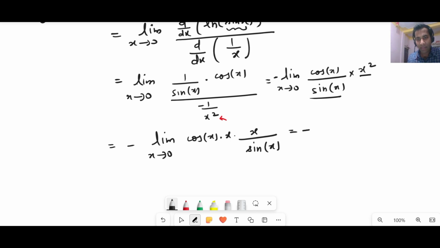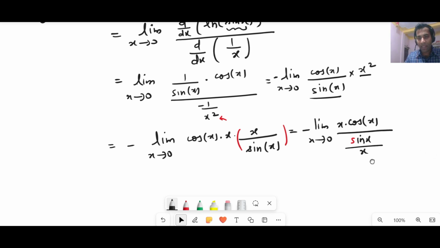Further, we will write minus limit x tending to 0 of x times cos x whole divided by sin x by x.